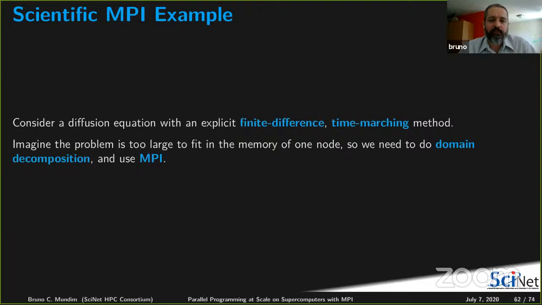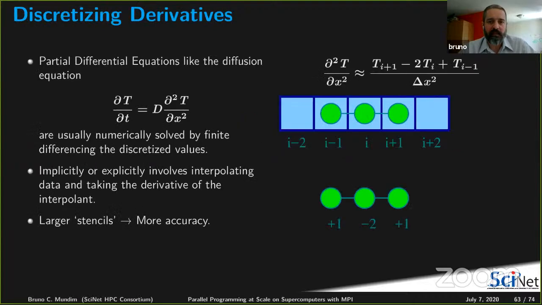So consider the diffusion equation with an explicit finite difference time marching method. Imagine that the problem is too large to fit in the memory of your node. So we need to do what is called domain decomposition, or use MPI.